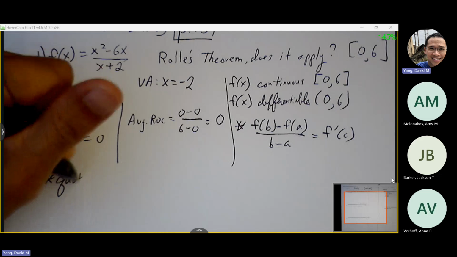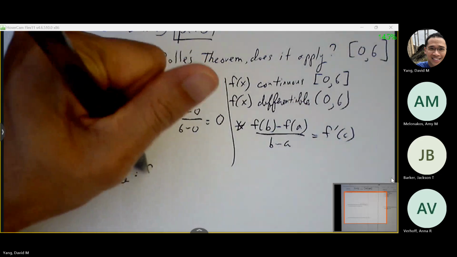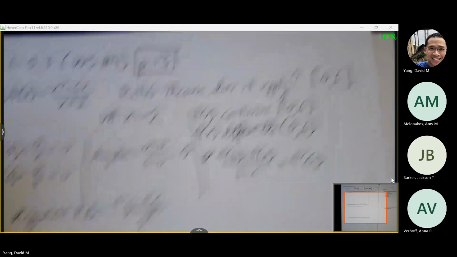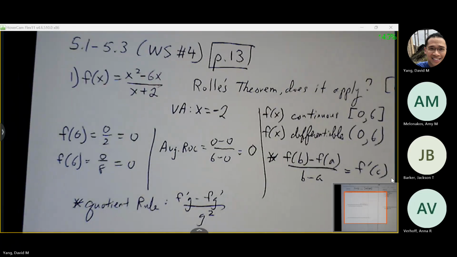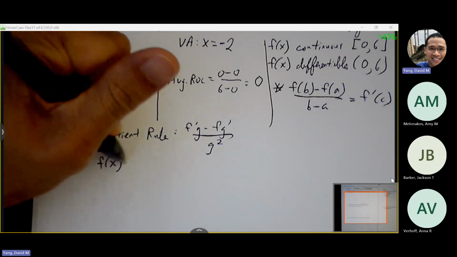Quotient rule, yeah. F prime g minus fg prime all over g squared. So here's my function.